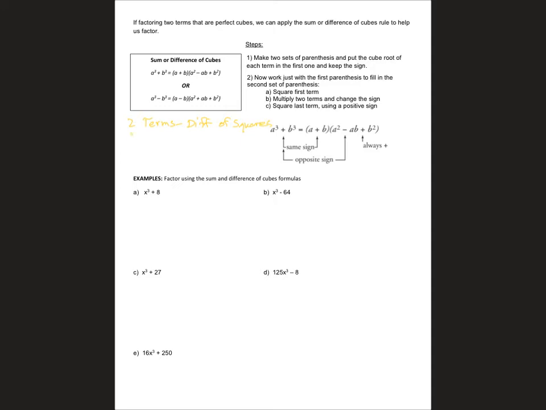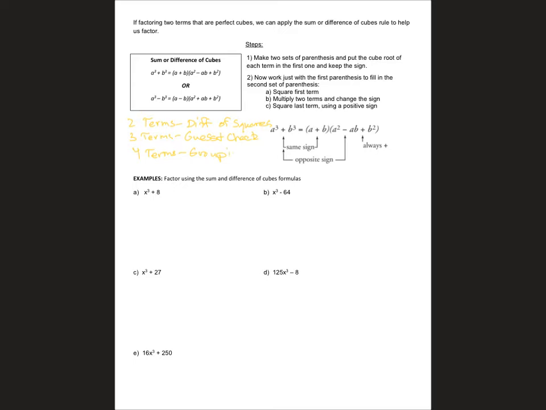Okay, if it's three terms, you can use guess and check, split the middle term. I prefer guess and check, but again, at three terms, you know how to solve something that has three terms. So I'm just going to put guess and check here. Okay. And then four terms, we use factor by grouping.